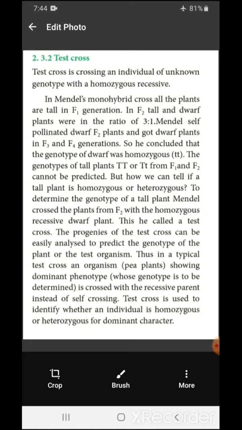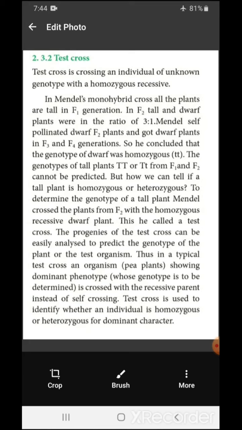Thus, in a typical test cross, in our botany we use the pea plant as the organism showing the dominant phenotype. What is dominant phenotype? We know capital T. Whenever we get any one capital T in the genotype, that is called the dominant character.